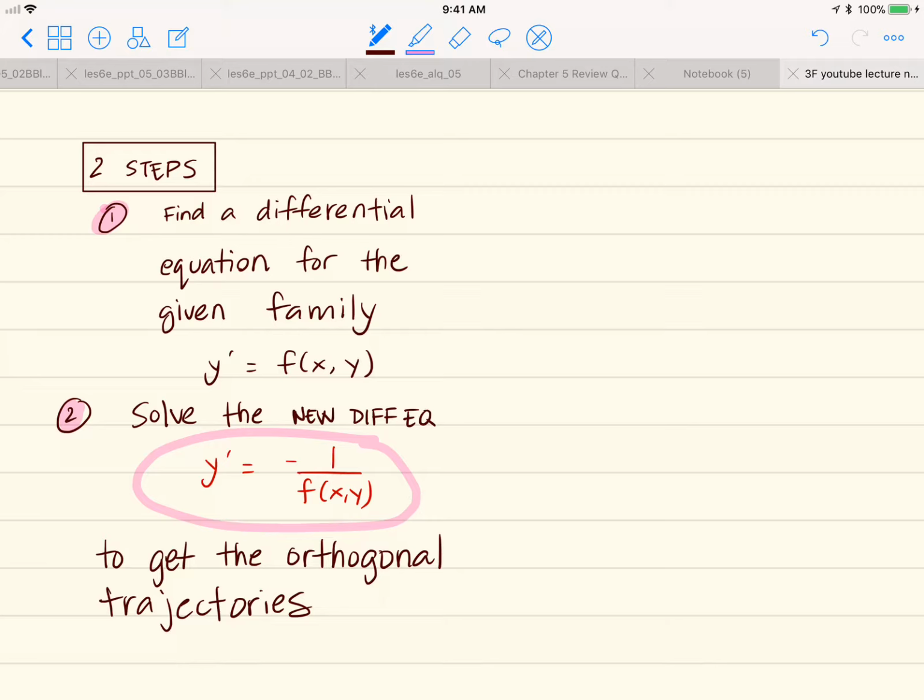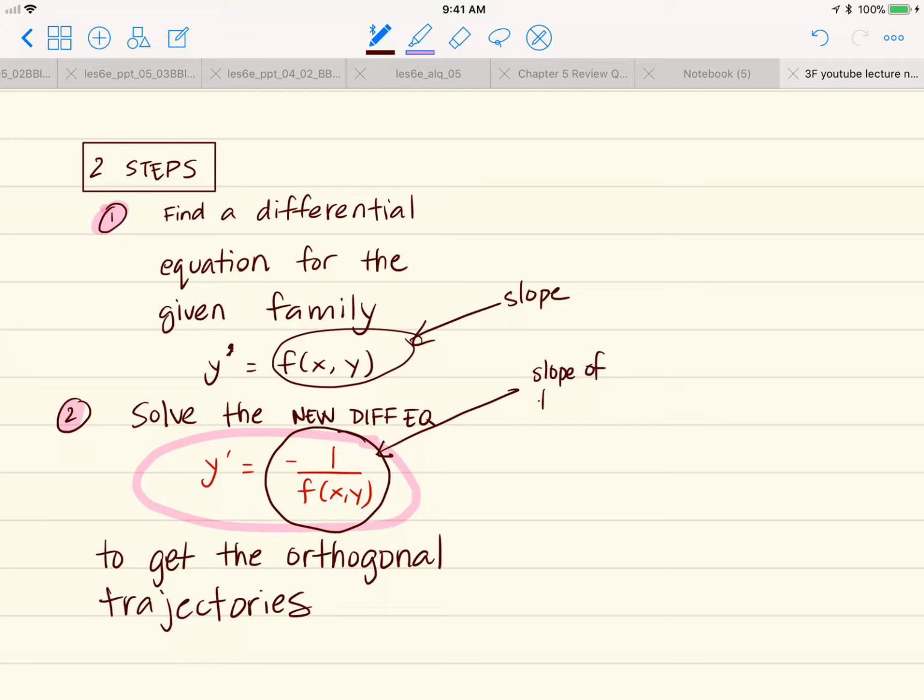So if I know that f of x, y is the slope of the tangent line to the curve in my family, then the negative reciprocal is going to be the slope of the orthogonal trajectory at that same point.